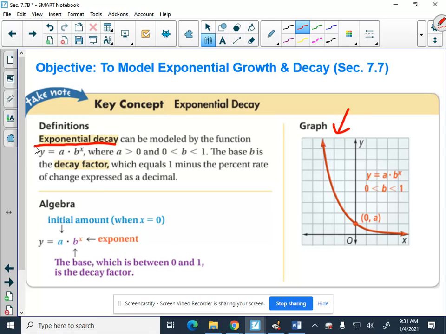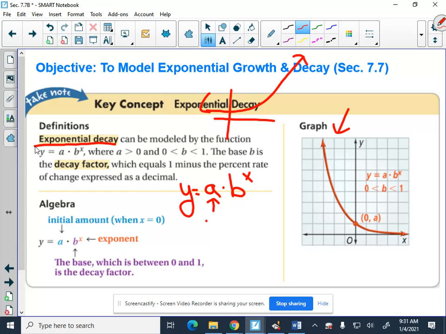the screen. It starts up high and then it ends up going low, and that's an exponential decay. Exponential growth, which we already covered, looked like this, where it grows as it goes to the right. Now, one of the things, the base, B, will still have that same formula we've been looking at.